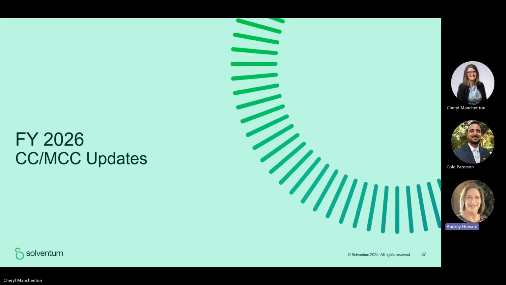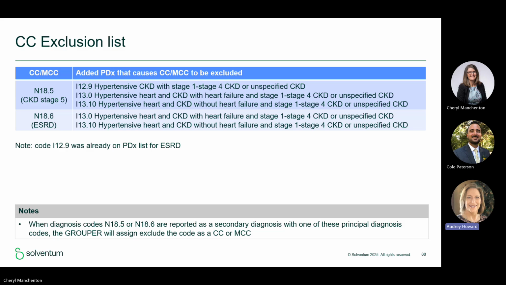First of all, I will say that no existing diagnosis code was added or deleted from the CC or MCC list this year. So the only updates to the current CC/MCC list are any of those new diagnosis codes that were expanded, and they basically follow the predecessor code.